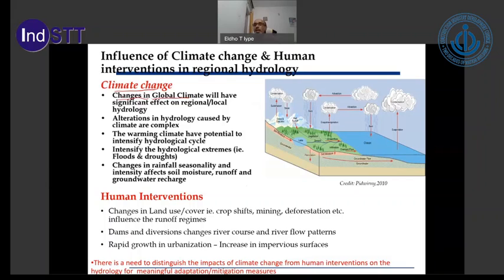Nowadays we can create various scenarios using global circulation models or general circulation models, so we can create various scenarios or projections. These warming climates have the potential to intensify the hydrological cycle, intensify the hydrological extremes, and change rainfall seasonality.